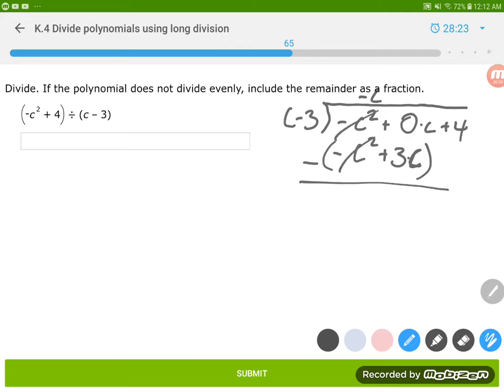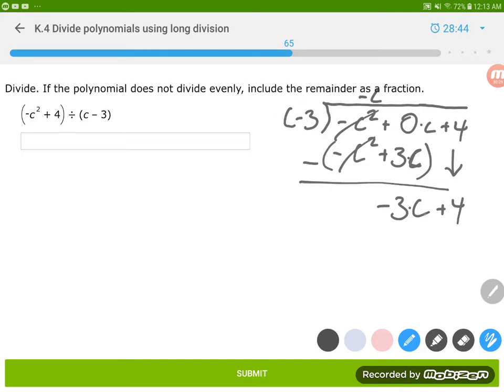Okay, so we go ahead and we subtract this. These two are going to cancel, that's good. And then minus a positive 3c, well, that will make it a negative 3c. And then we got to bring down that 4. And so now the final question, c minus 3 divides negative 3c plus 4.